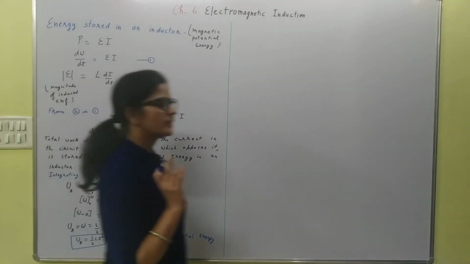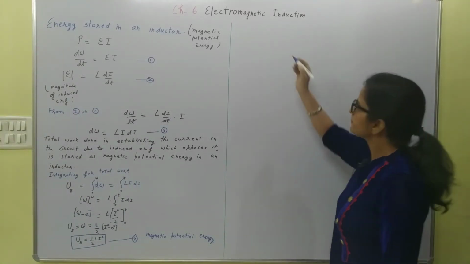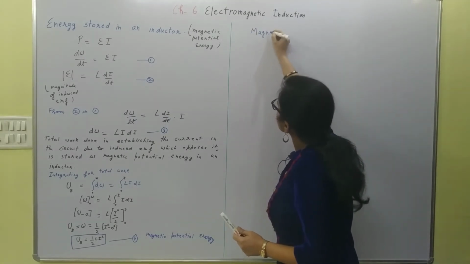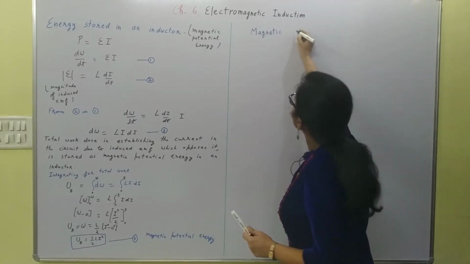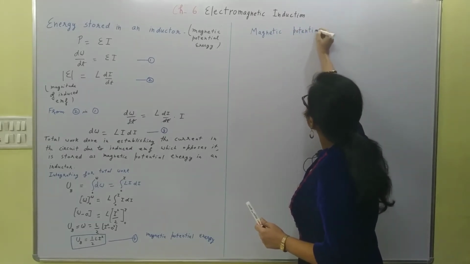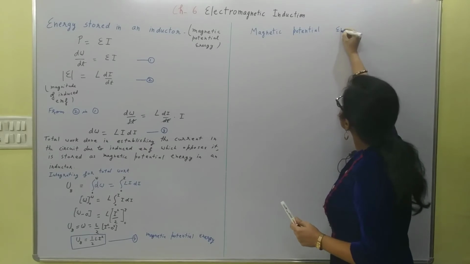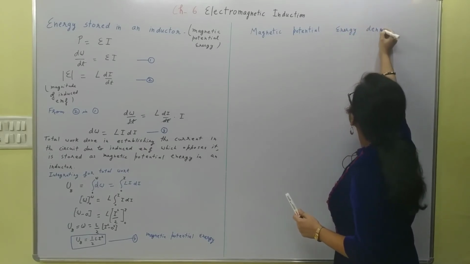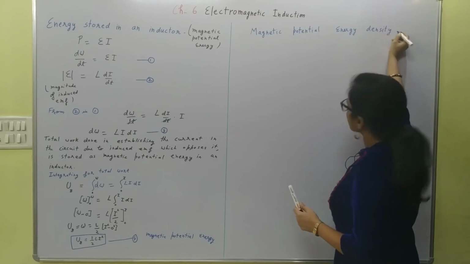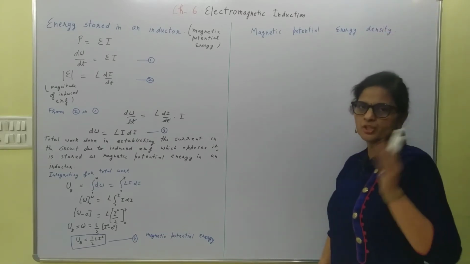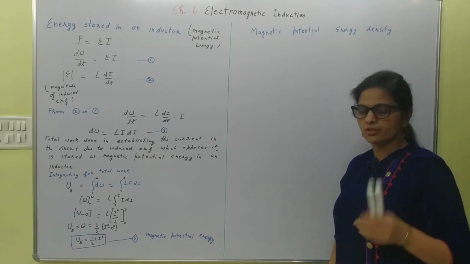Now we'll calculate the magnetic potential energy density. What is potential energy density? The potential energy density is energy per unit volume.